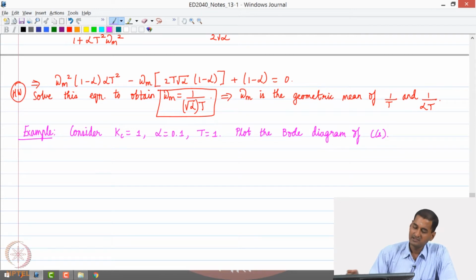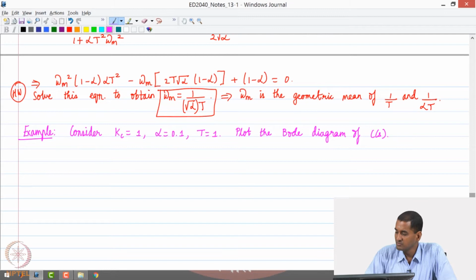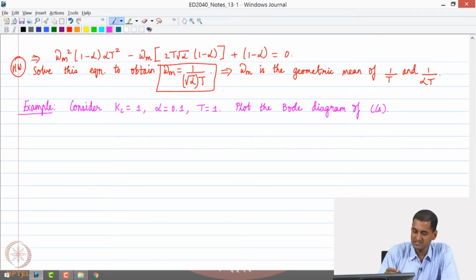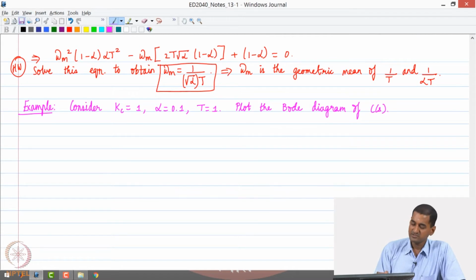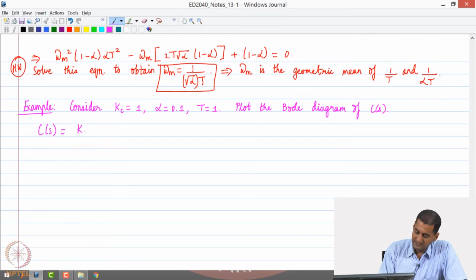The exact Bode diagram I will leave to your homework, because by now we are familiar with how to construct Bode diagrams. But I am just going to give you the answer and also discuss some interesting observations from that. With these values, please recall that the controller transfer function of a lead compensator is Kc alpha times Ts plus 1 divided by alpha Ts plus 1.